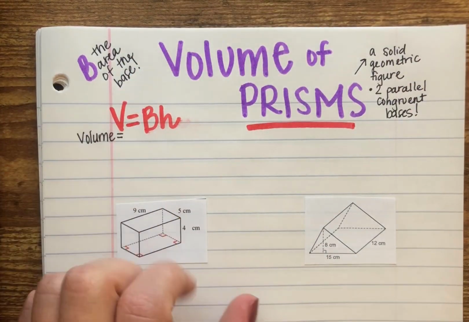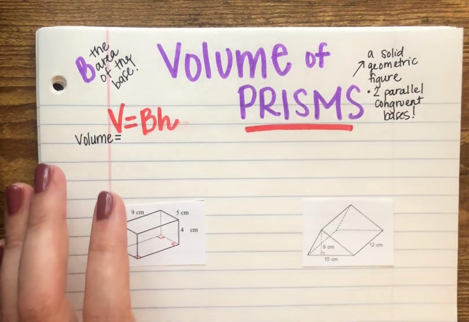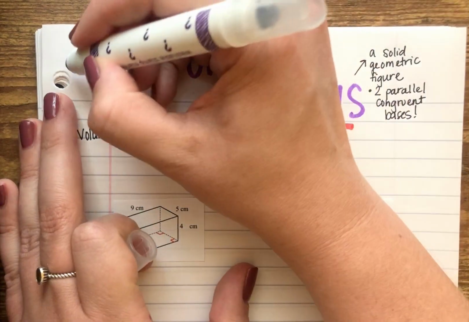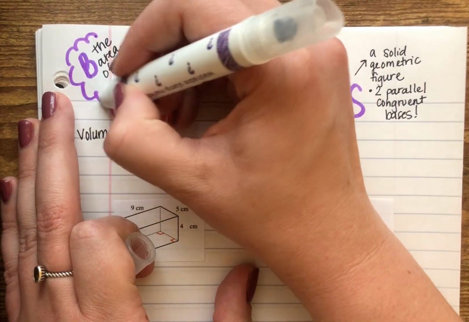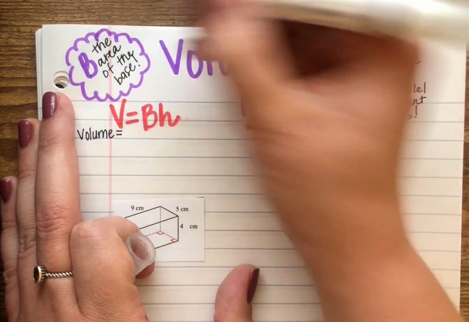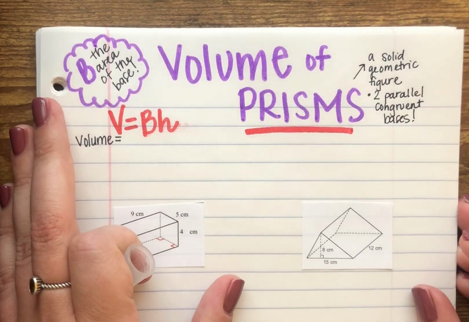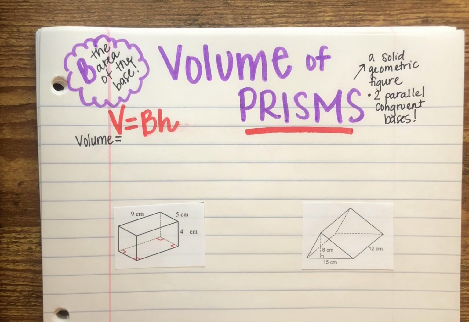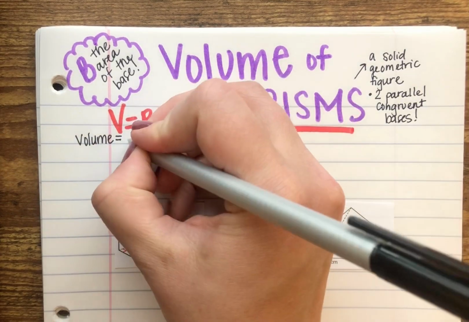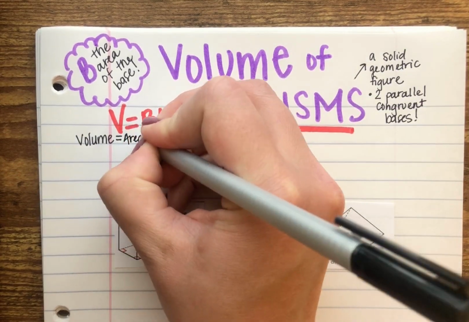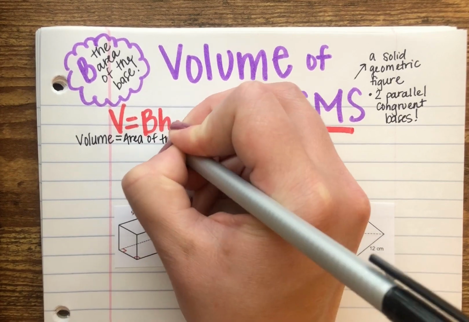Lowercase b stands for a length of a base. Capital B is going to stand for the area. Basically we're going to have to do some work to find the area of the base of our prism before we can plug it in. So capital B again is going to stand for area of the base.